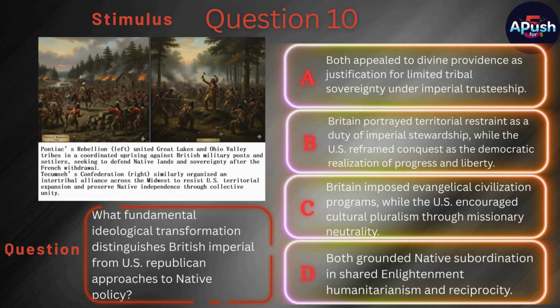B. Britain portrayed territorial restraint as a duty of imperial stewardship, while the U.S. reframed conquest as the democratic realization of progress and liberty. C. Britain imposed evangelical civilization programs, while the U.S. encouraged cultural pluralism through missionary neutrality. D. Both grounded native subordination in shared Enlightenment humanitarianism and reciprocity.